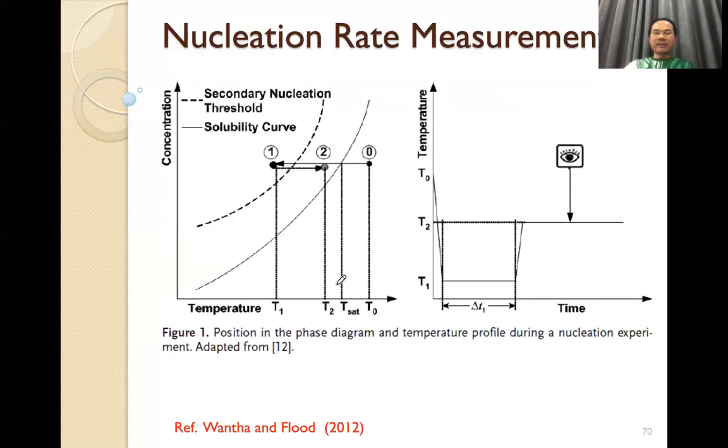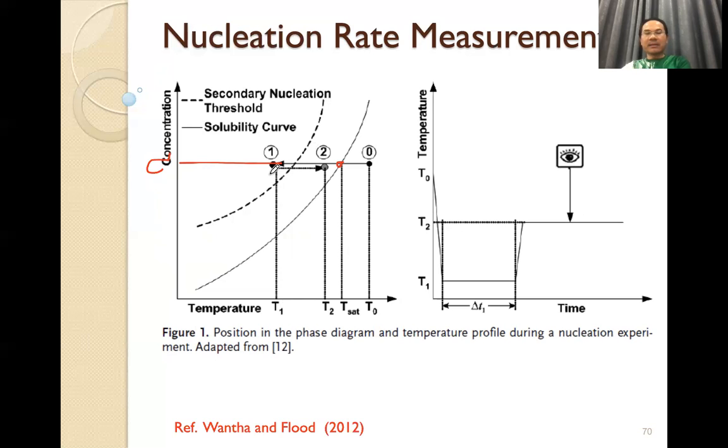For example, we start at T0, the undersaturated solution. Then you cool the temperature to Tsat. Tsat means it is saturated at this concentration. Then you reduce the temperature further to point 1, T1.